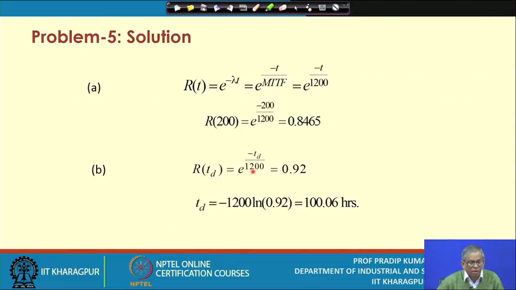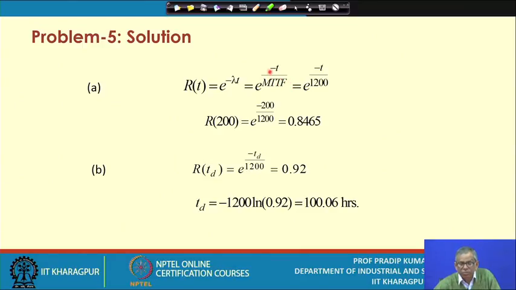We will answer the first question. Reliability R(t) is e to the power minus lambda t, in the chance failure phase, that means the useful life phase. So we assume an exponential time to failure, that means a constant failure rate. So e to the power minus t times 1 upon MTTF.